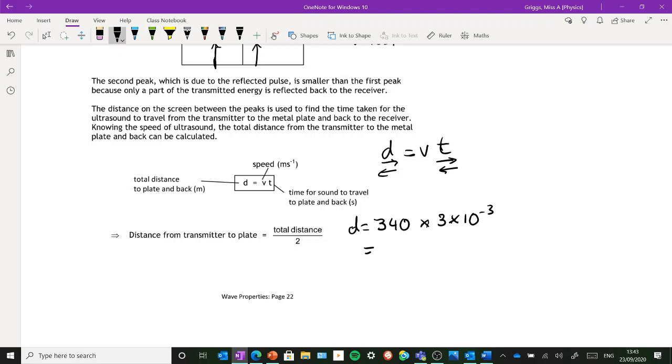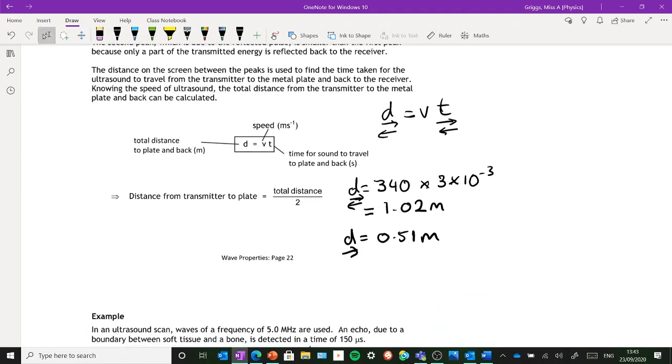So if you do that, speed 340 times 3 times 10 to the minus 3, that comes to a distance of 1.02 meters. So that's the distance there and back. So the distance there would just be 1.02 divided by 2, so 0.51 meters.